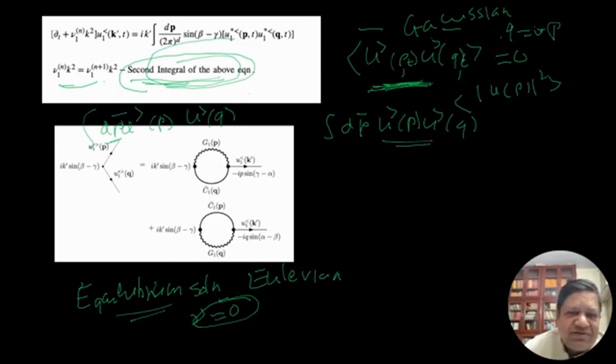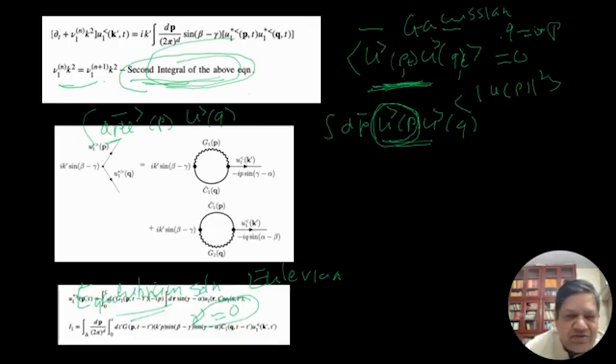So how do I expand this? I would like to expand U. I'd like to see what U greater P is as a function of time itself. So this is that equation. Okay, let me delete this rough work.